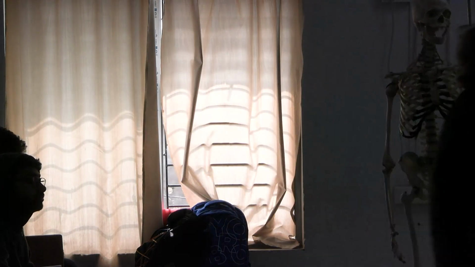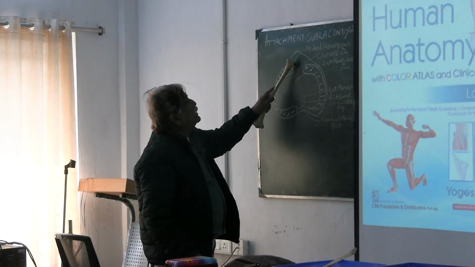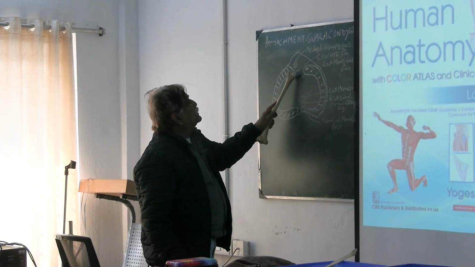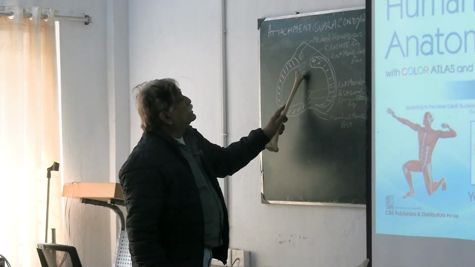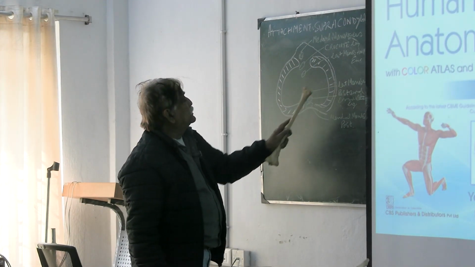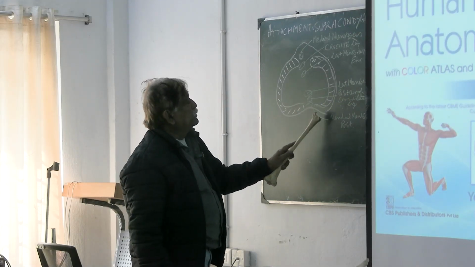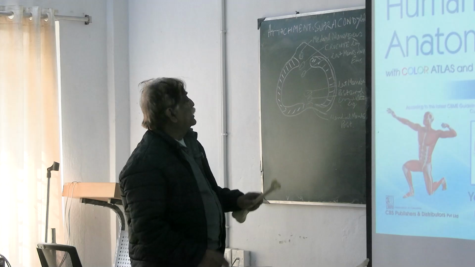Now you see this is the medial meniscus, this is the cruciate ligament, this is the anterior end of the lateral meniscus, this is the lateral meniscus, this is the posterior end of the cruciate ligament, and this is the posterior end of the medial meniscus.